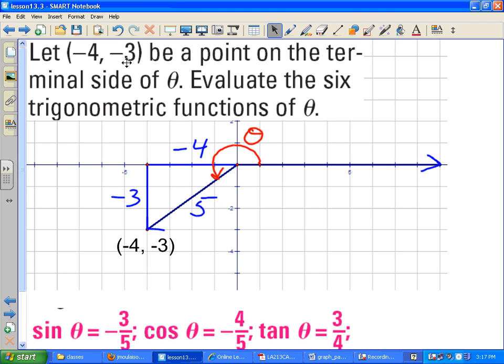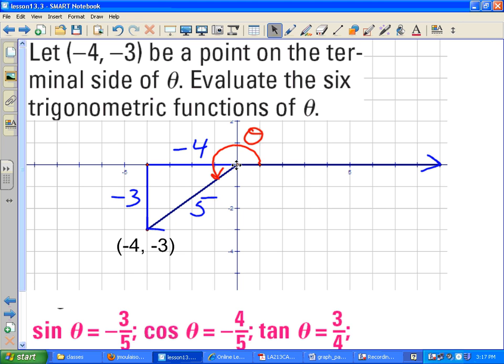So here's an example. Let (-4, -3) be a point on the terminal side of theta. Evaluate the six trigonometric functions of theta. So here's my angle theta. Well, first of all, let's locate this point, (-4, -3). There's the point.